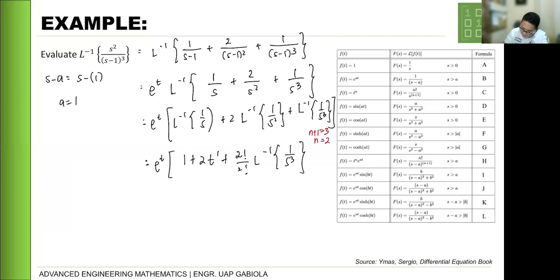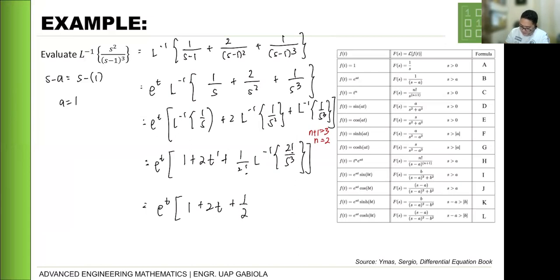Okay. So dito, tatanggalin na natin yung 1 tsaka yung 2 factorial dito para ipasok natin yung 2 factorial doon. 2 factorial. Okay? And we have e to the t, so 1 plus 2t. And then ito will be, 2 factorial is 2 times 1. So that is 1 half.